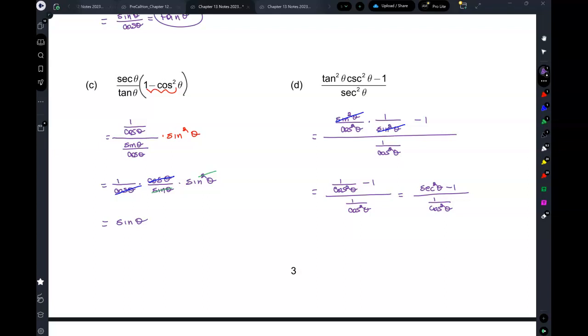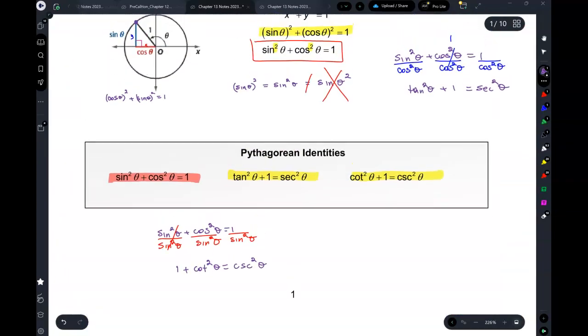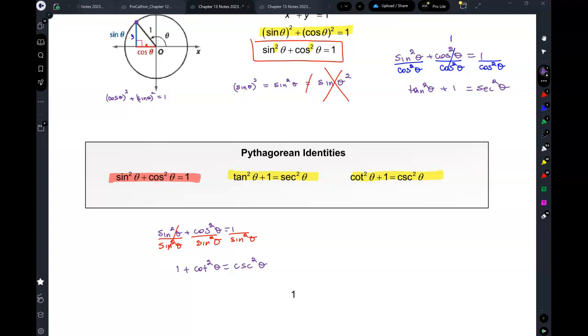Hang on, you can't cancel those, right? Now let's go back. Got secant squared theta minus 1. What do you think? Look at this one. If I subtract 1, I have tangent squared theta is secant squared theta minus 1.